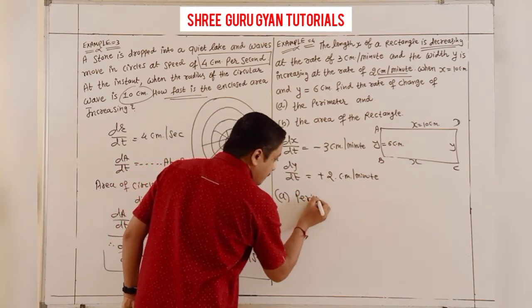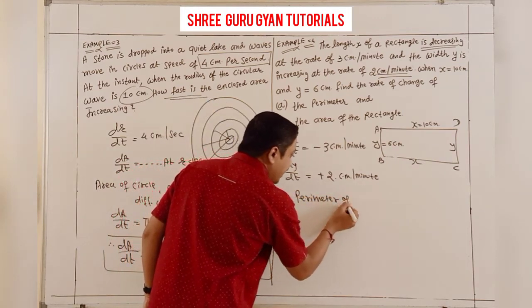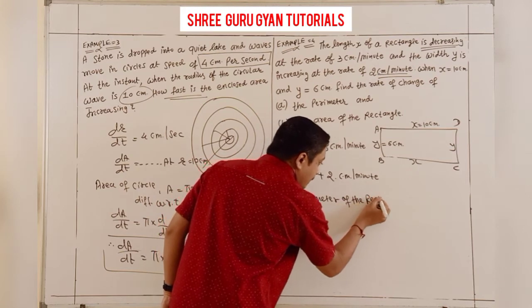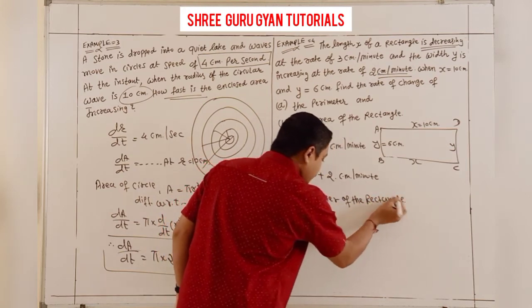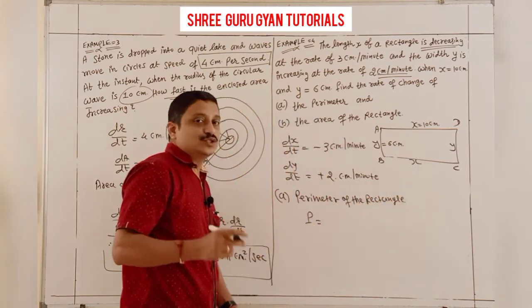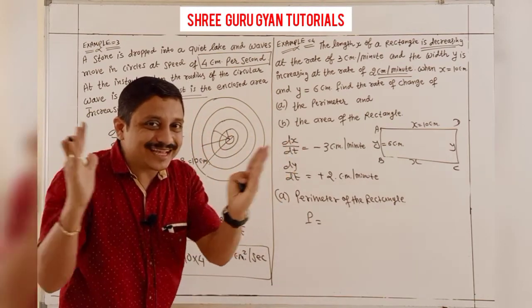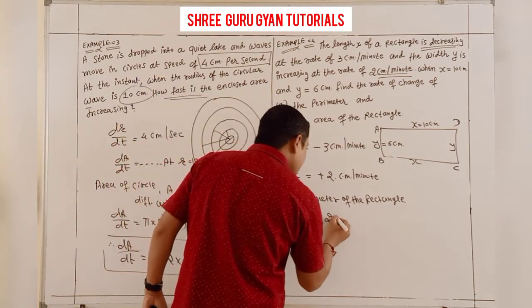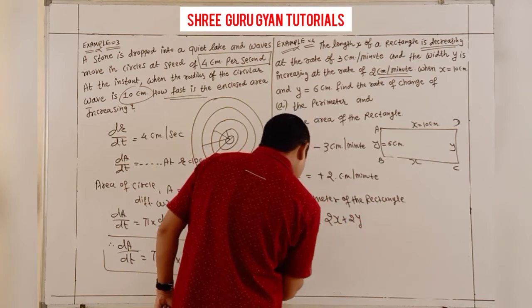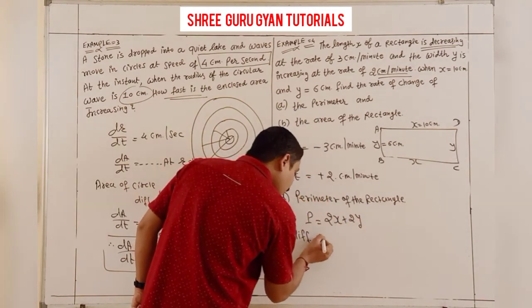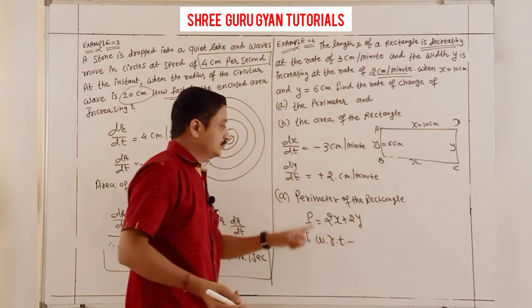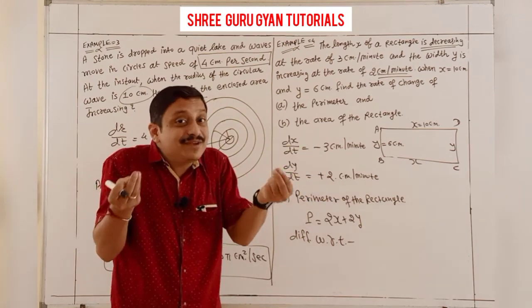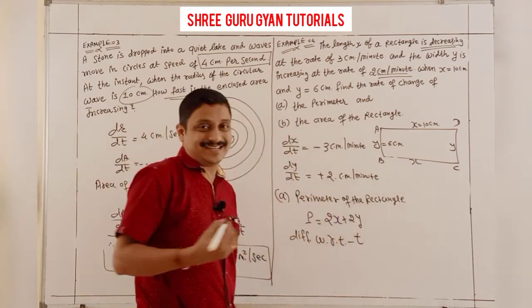Perimeter of the rectangle. You know that perimeter P, 2 side length, 2 side breadth, is 2x plus 2y, and differentiation with respect to minute given, time given, so t. Yes, students.